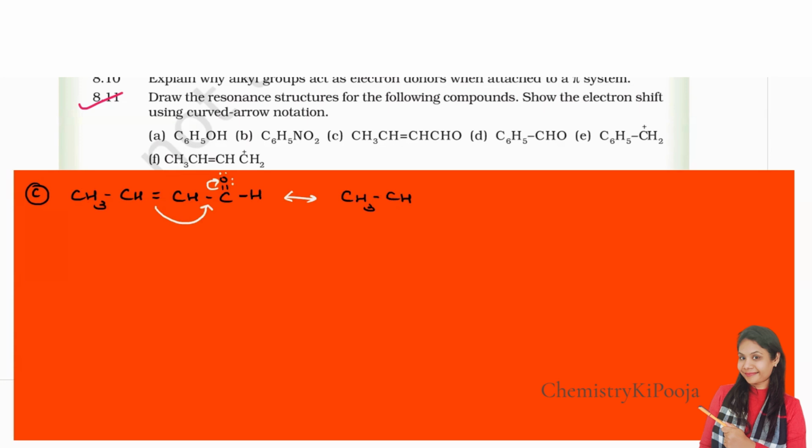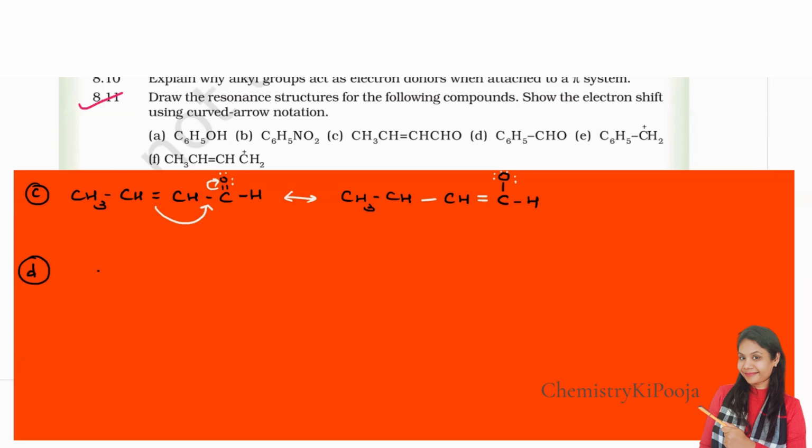Then this is CH, single bond. We have CH, here it is now a double bond. Then we have C, single bond, oxygen. And on the oxygen, we are left with now 1, 2, 3, 4, and then I'll write down here, three lone pairs. And then lastly, hydrogen. Clear? So this is very simple. Coming to now the next question.